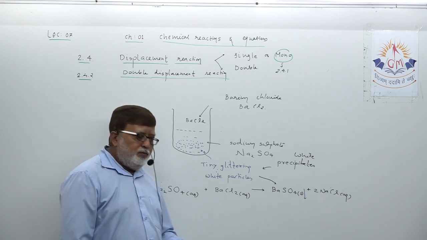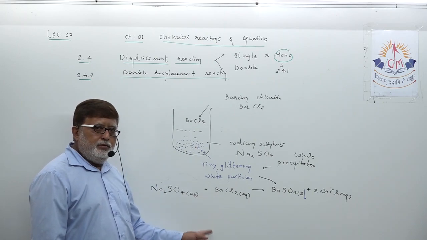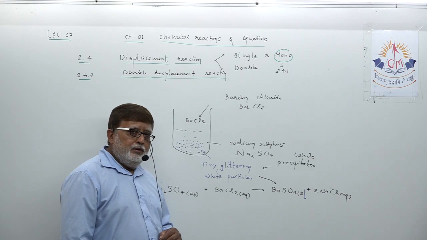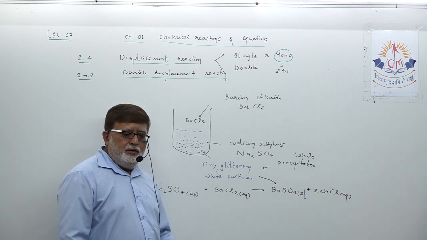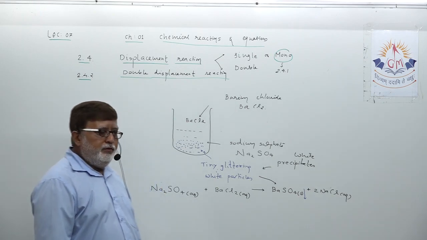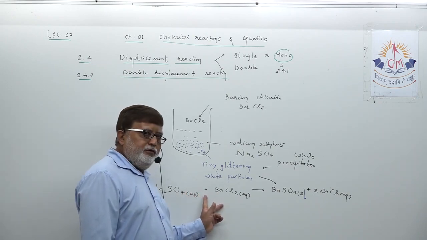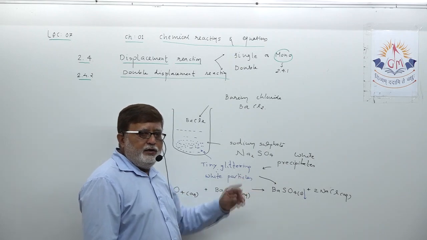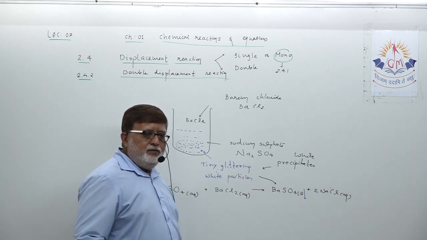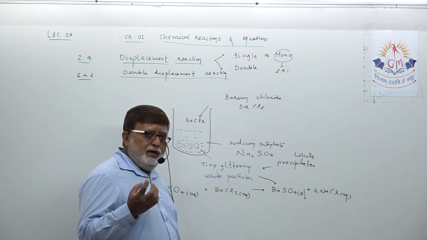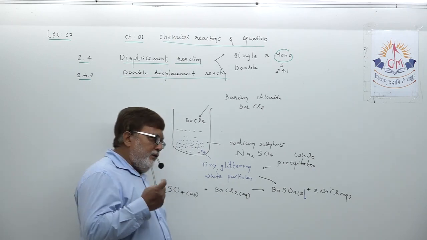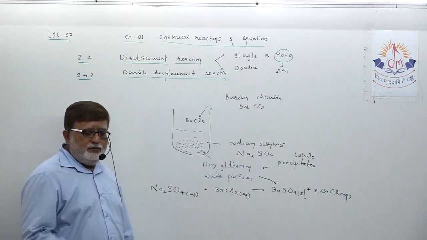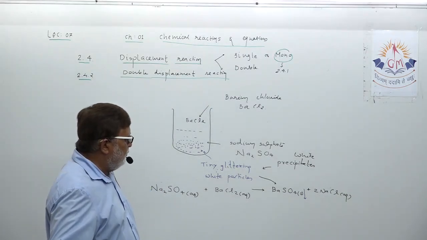Because here exchange of ion takes place between the two compounds, you can call it a double displacement chemical reaction. Understood this? Here two solutions are liquid. What is formed are insoluble particles of barium sulfate that get precipitated. That's why you can also call it a double displacement reaction as well.